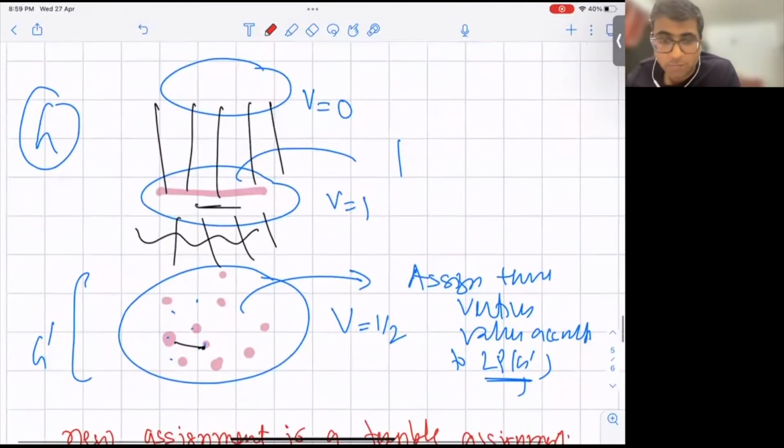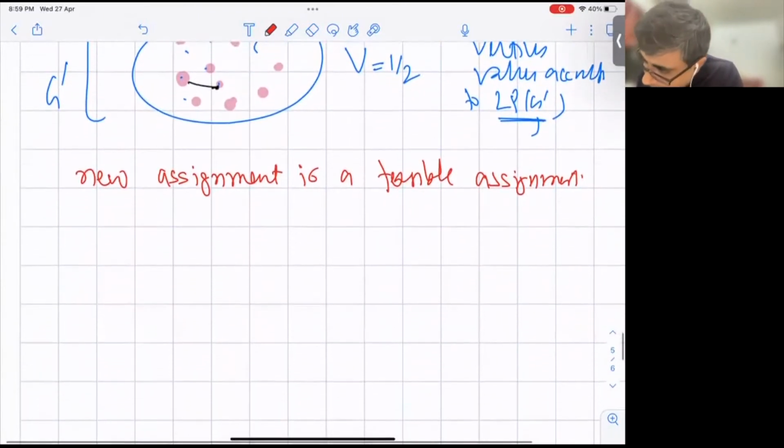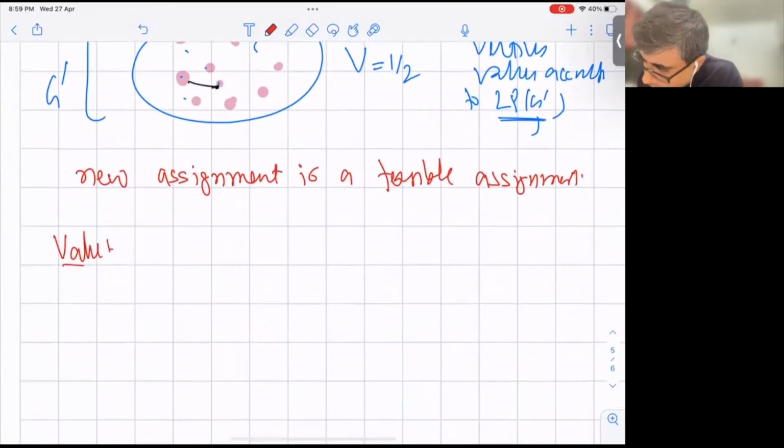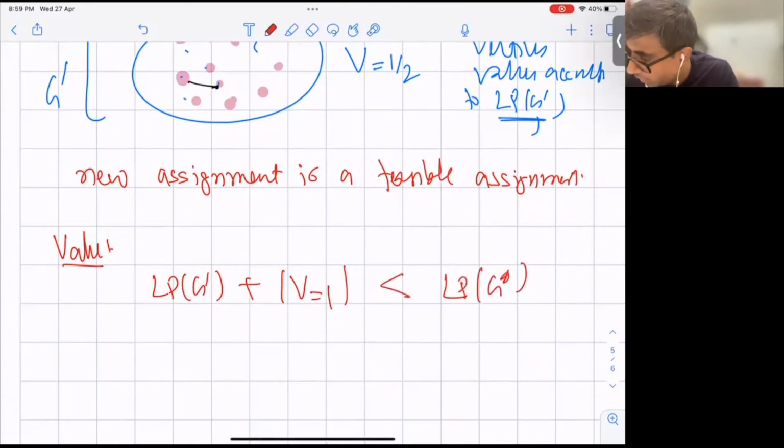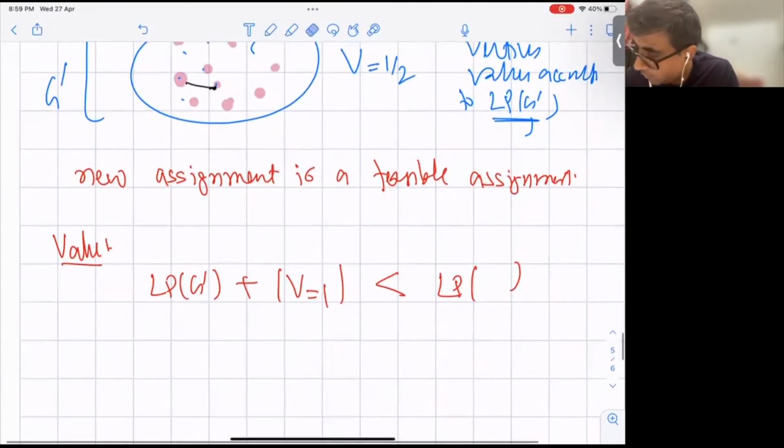And what is its value? Its value is LP of G prime plus V equal to 1. And by our assumption, this is less than LP of G. What happened now?